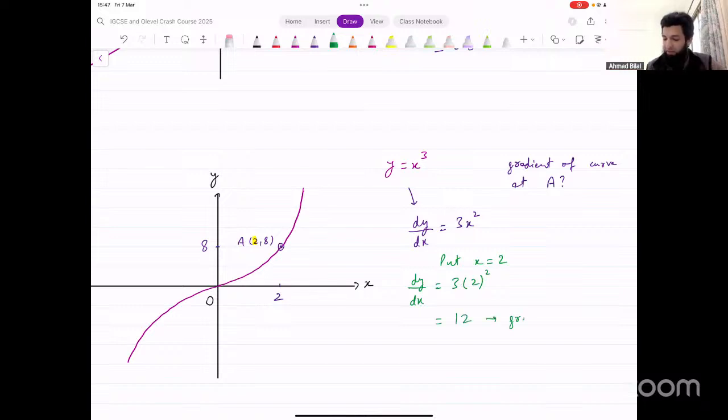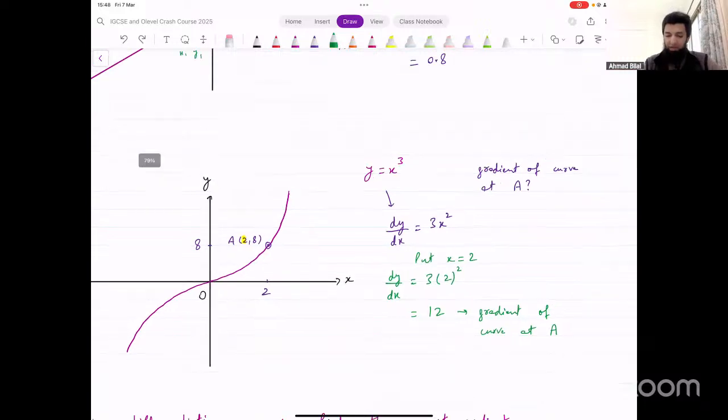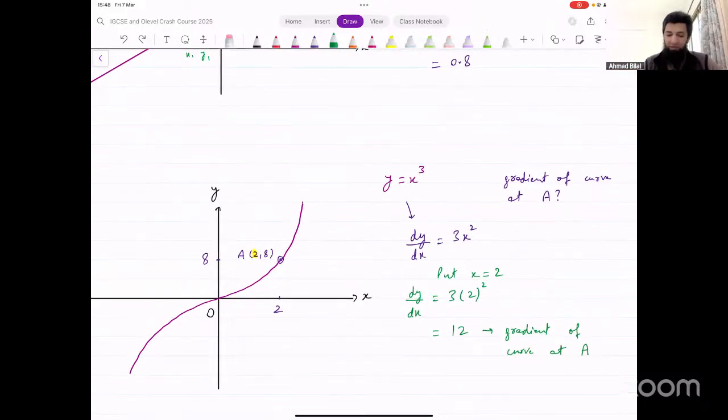This is the exact gradient of the curve at the point A. So if you want to find the gradient of the curve at any particular point, you would find the derivative of the function, put the value of x in that, whatever is the x coordinate at that point, and that will give you the gradient at that specific point. Okay, this is how we can find it. 12 is the gradient of the curve at this particular point. Make sense?